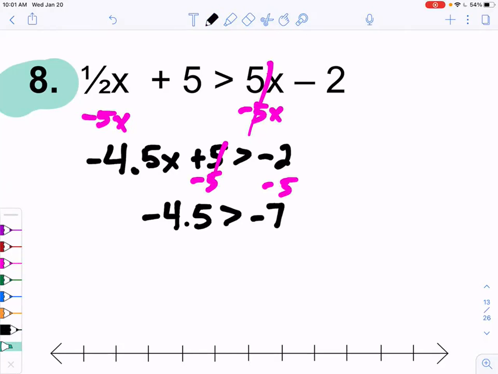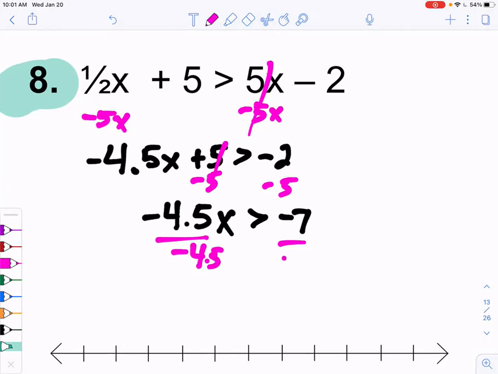And this is where you're going to have to use a, oops, I forgot my x, didn't I? So now you got to put in your calculator. What do you get when you divide negative 4.5?